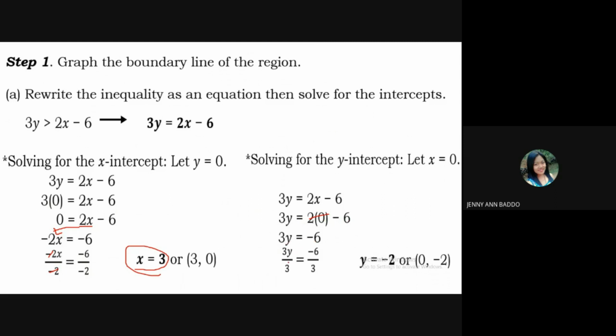Then to solve for y, we divide both sides of the equation by 3 to cancel 3 on the left side. So y equals negative 6 divided by 3, that is negative 2. So the y-intercept is negative 2, or the point (0, -2).